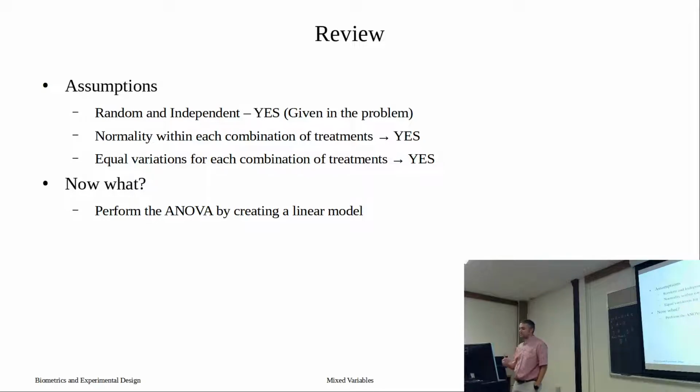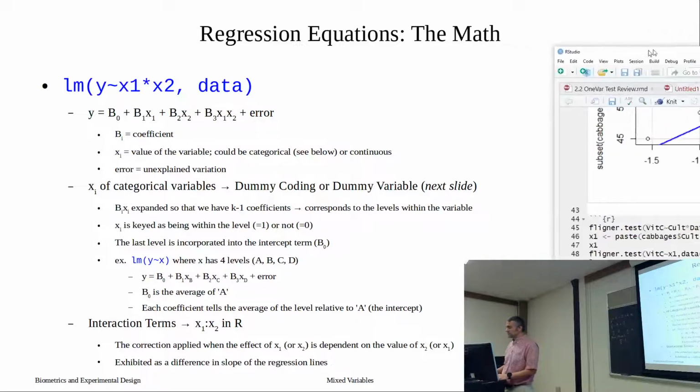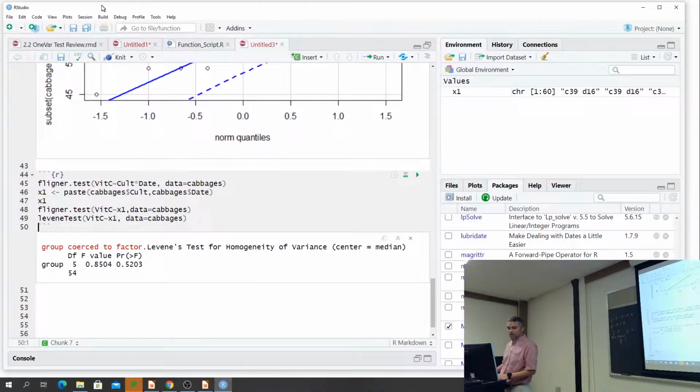All right, and we start by creating that linear model. This is a little bit more into what's going on and helping us get to our summaries. So we're going to create our linear model, and I'll do this over in our markdown.